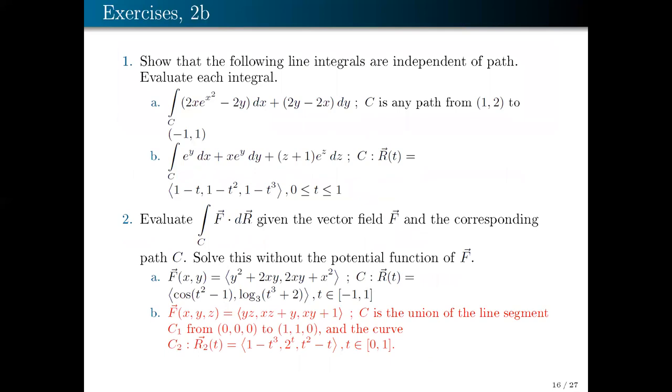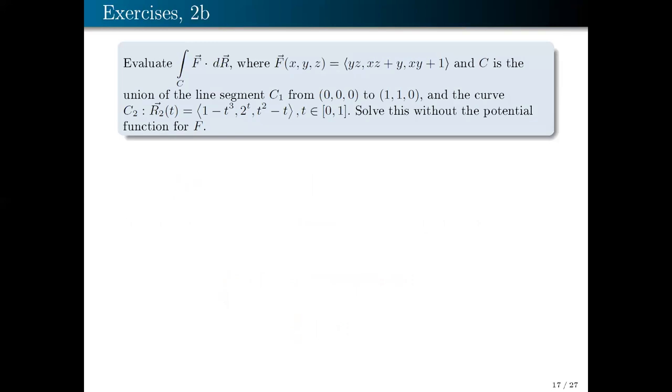Let's try a 3-variable example. For this one, we note that C is a union of 2 curves, a line segment from the origin to 1, 1, 0, and this curve here, with the vector field F being this one. So again, we want to solve this without the potential function. All right, how do we do that?